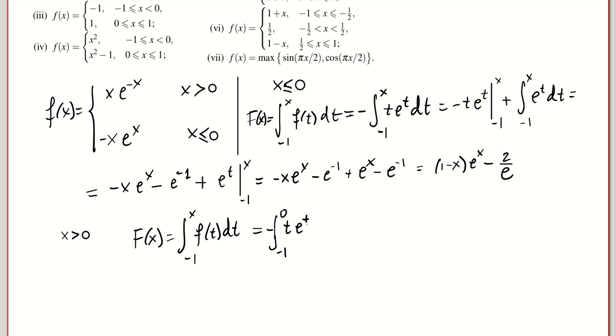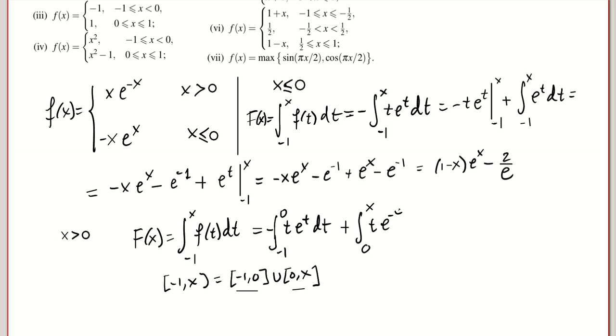So we have the integral of minus t e^t dt, and then we have to add the integral from 0 up to x. So we are splitting the interval from -1 to x into the intervals -1 to 0 and 0 to x. In the two pieces the function is different. In this piece here, this is t e^-t dt.